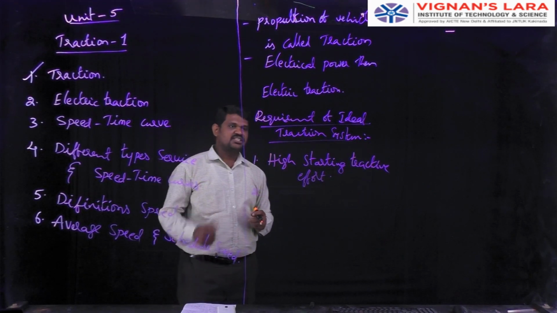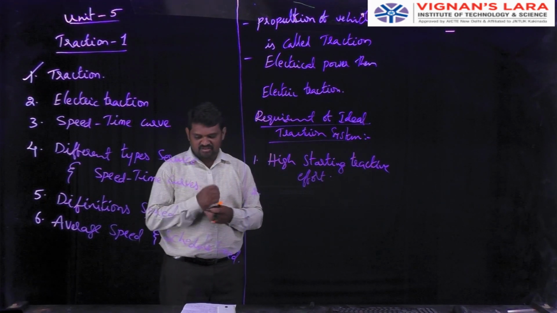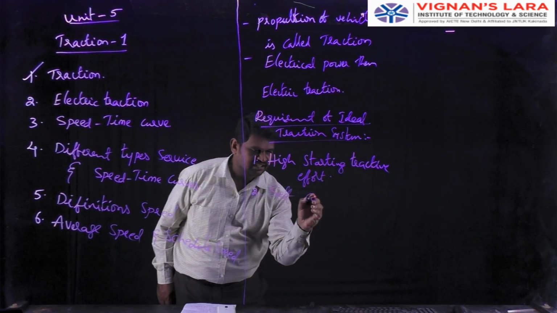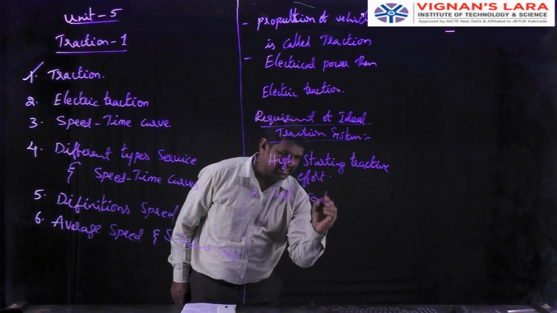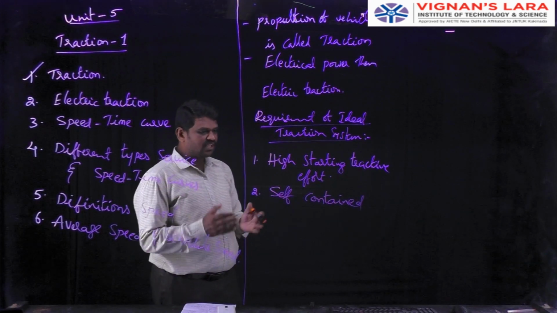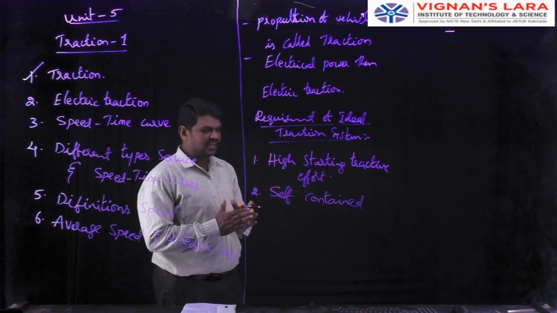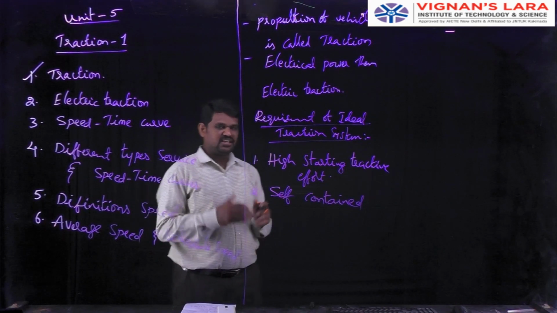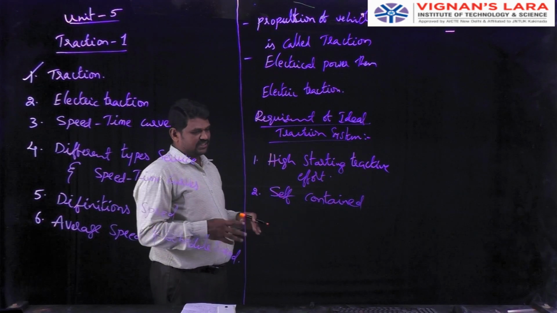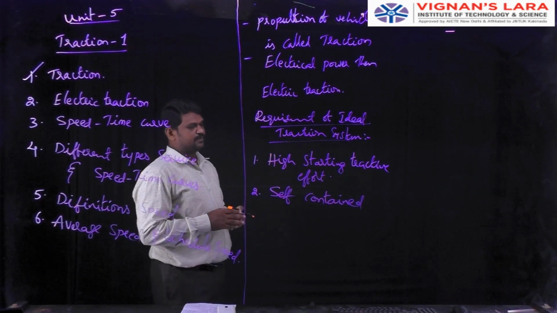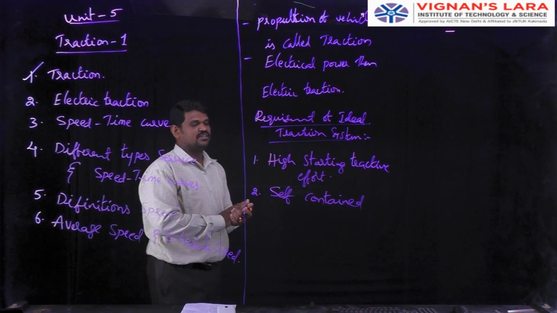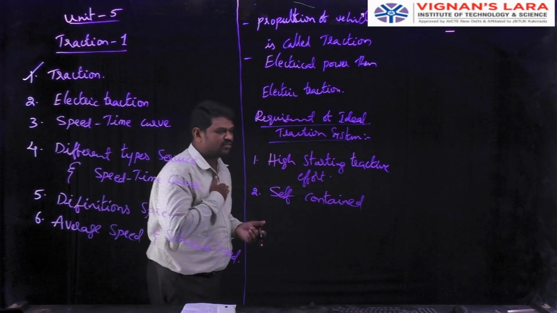The next one is that it should be self-contained. It means the train or the system has the engine, and in that engine, whatever equipment is required, everything should be contained, and it should be compact in size, I mean small in size, so that it can easily propel the vehicle.